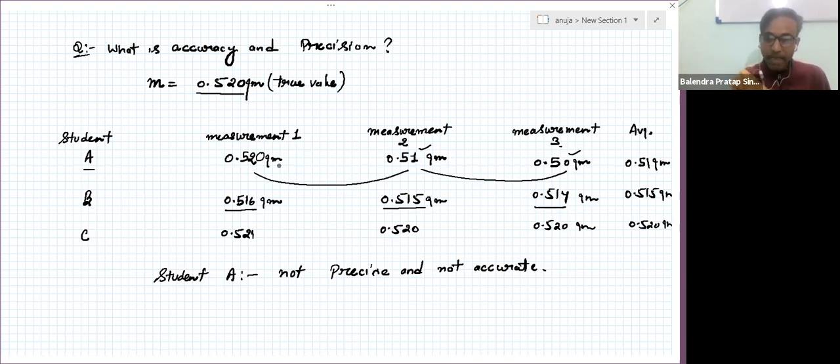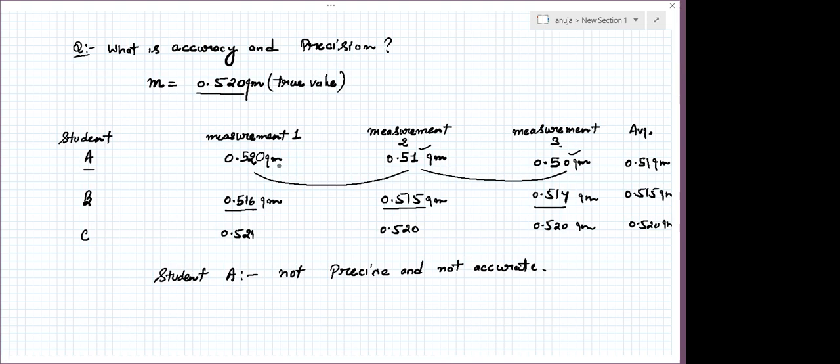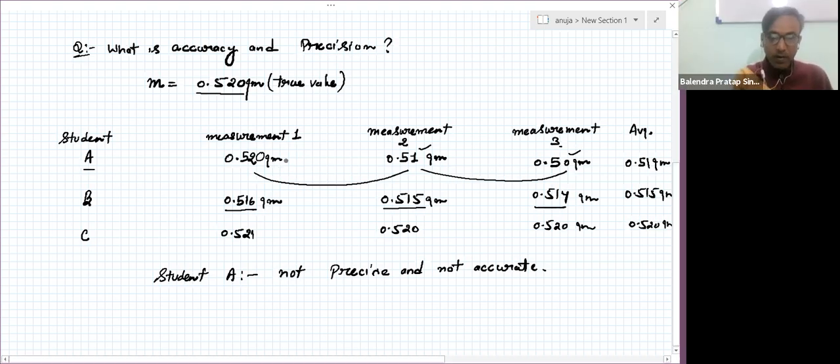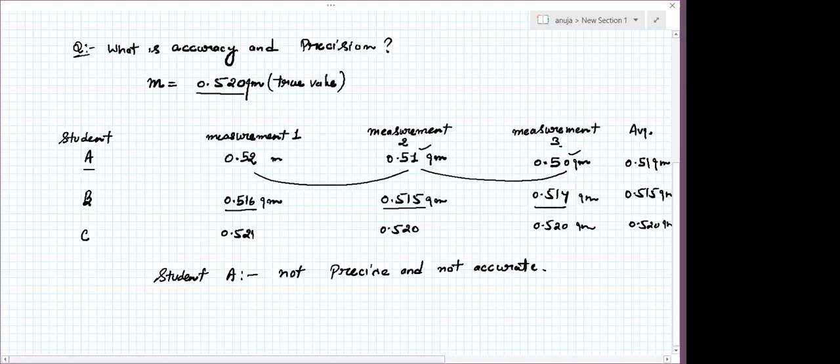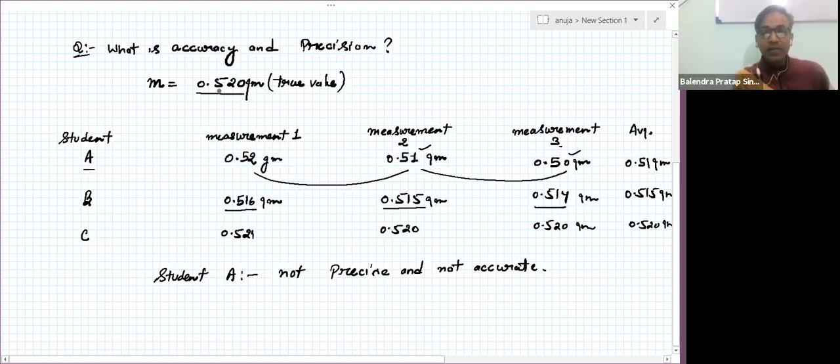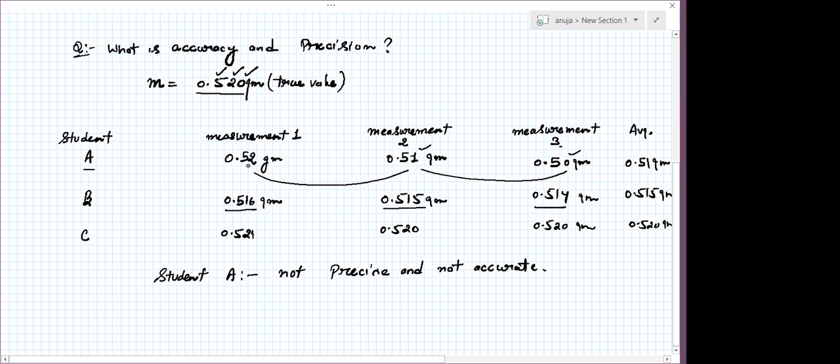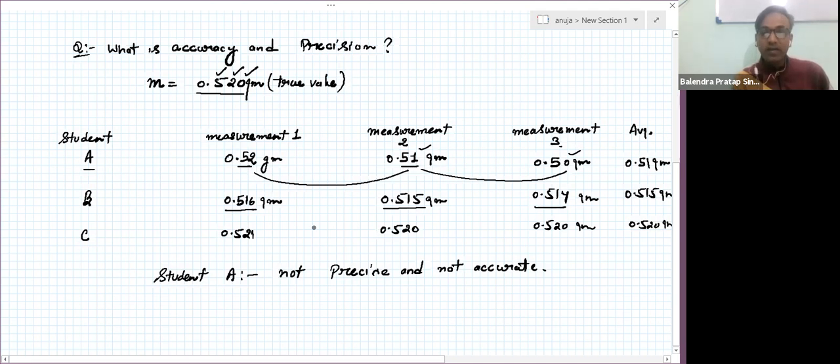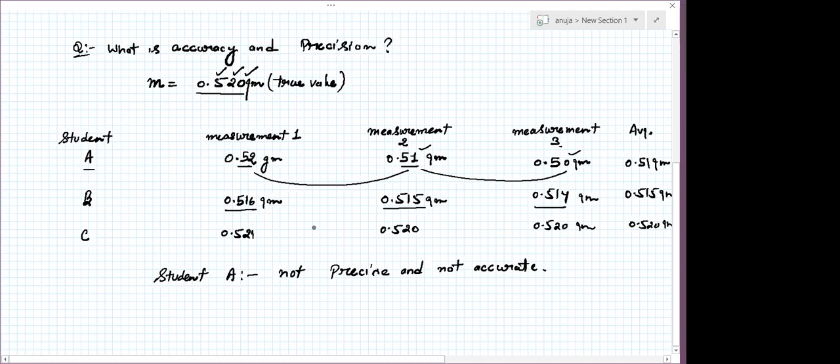Is it clear what precise means? Sir, in student A, measurement 1 is 0.52, and m is equal to 0.520. It's the same only, no? Same, but there is a difference. It has 3 decimal places there, 520, but here it has only 0.52, and it again jumped to 0.51.